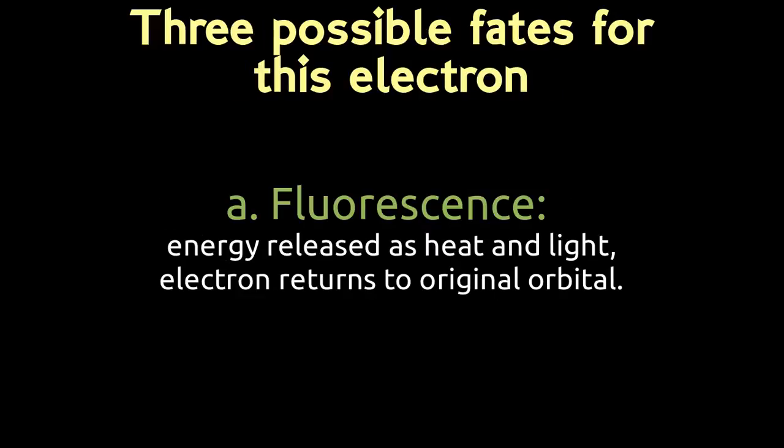The first of these is fluorescence. As the electron goes down to a lower orbital, the energy can be released as heat or as light. Generally, when we're talking about fluorescence, we're talking about light.